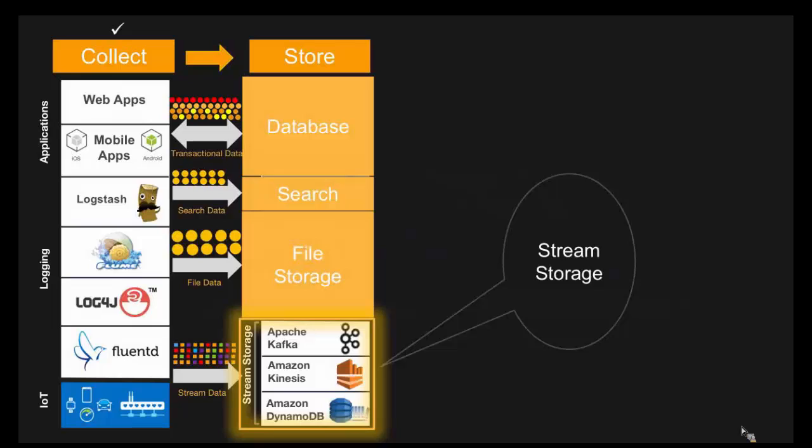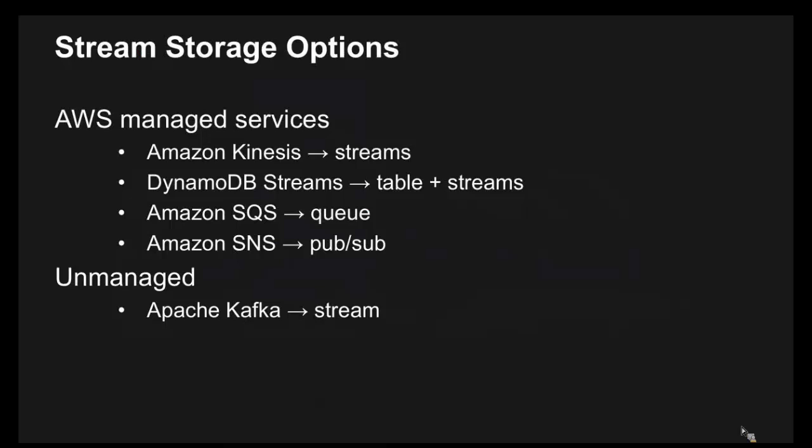And from a storage perspective, now let's walk down into the details of what is the best technology to use for streaming storage. Some of the options there, I've classified into managed services and unmanaged.